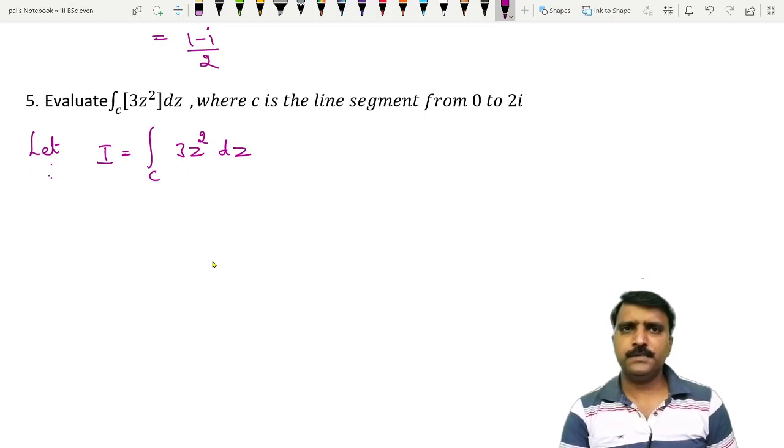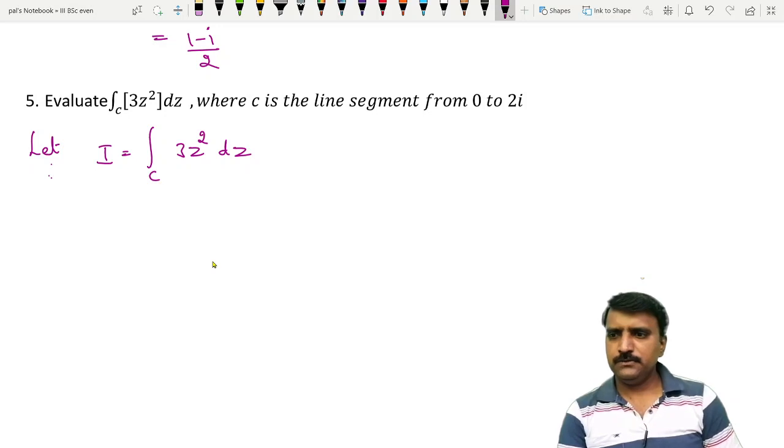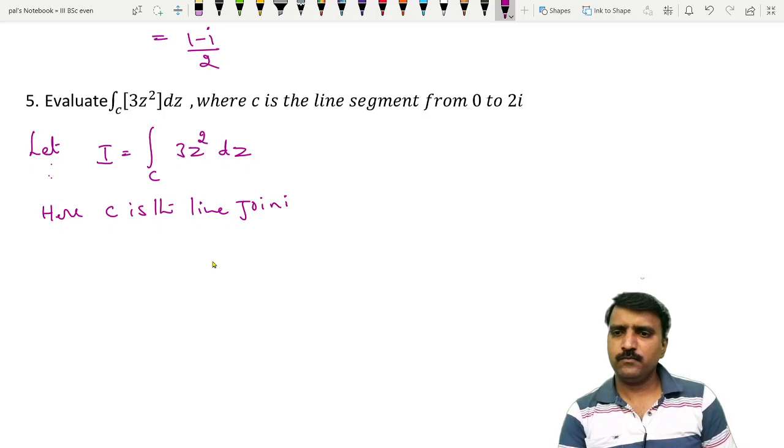As all of you know, z is x plus iy. So first we need to write the equation of the curve C. Here C is the line joining 0 to 2i.